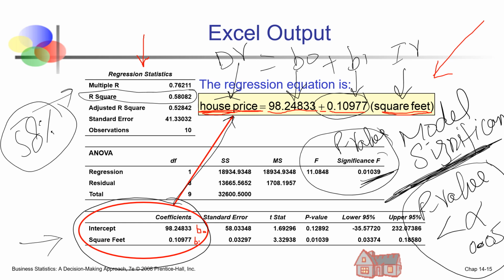There are different books with different definitions. Usually business students understand it in a different way, just like 0.58 means the model is 58% strong.